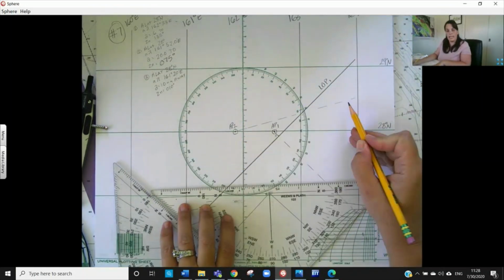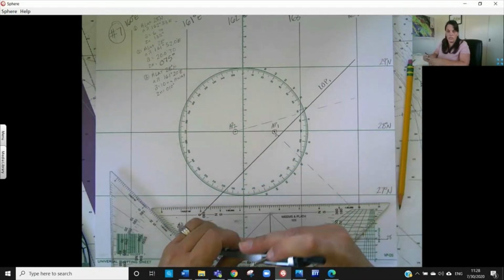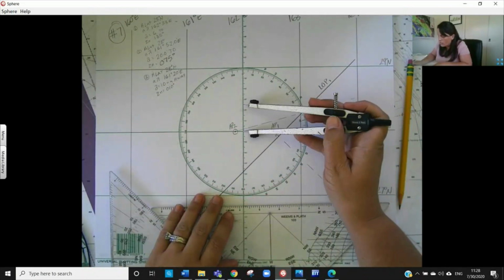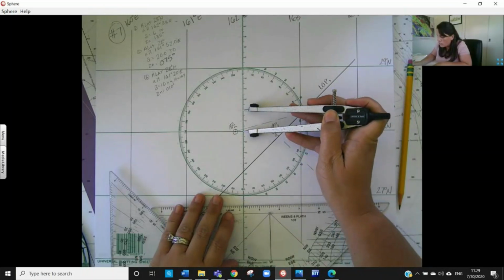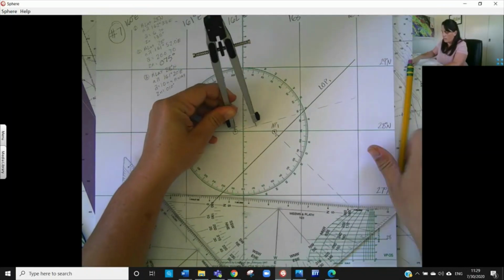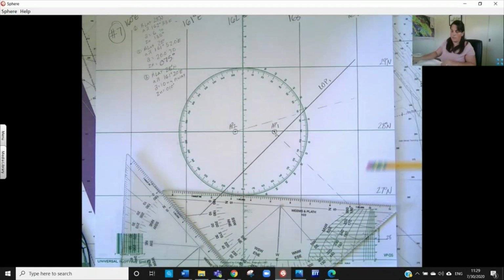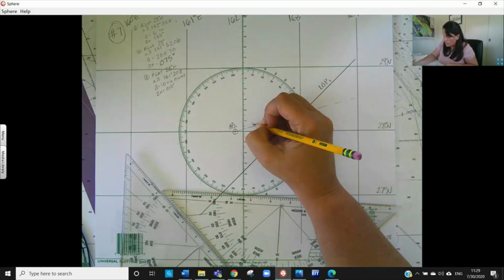So this is my azimuth line, and I'm going 20 nautical miles towards. So I find 20, and I'm going towards 075. So that puts me right here. That is my intercept.